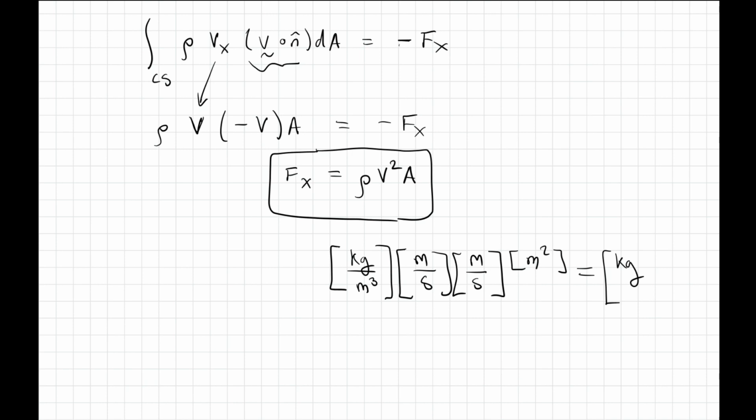I've got 4 meters on the top and 3 meters on the bottom, so that's just 1 meter left over, and then a per second squared on the bottom. So kilograms meter per second squared, and in fact, that is the definition of a Newton. If you can't remember that, just remember mass times acceleration gives force, right? So that is actually the correct unit, so we can double check everything.